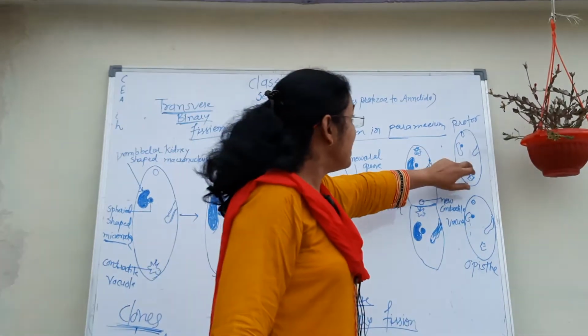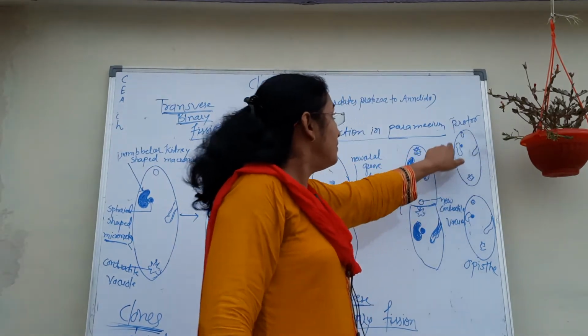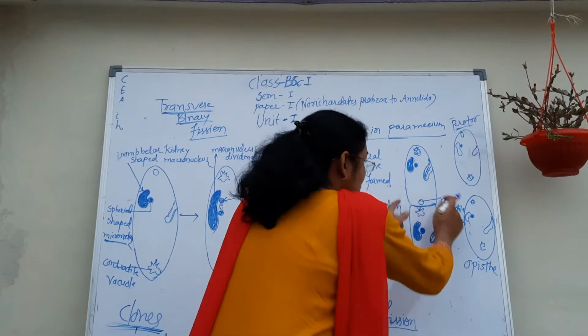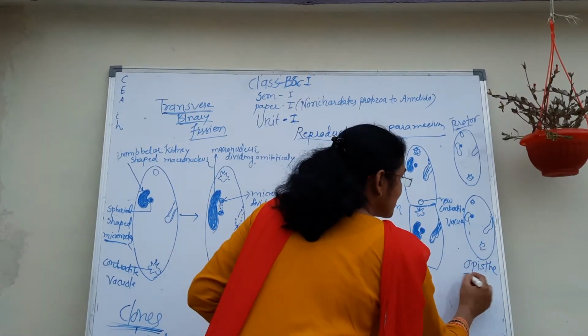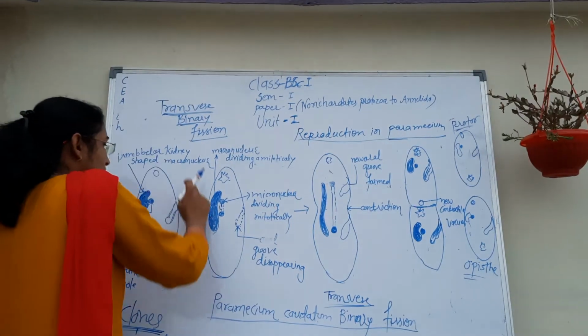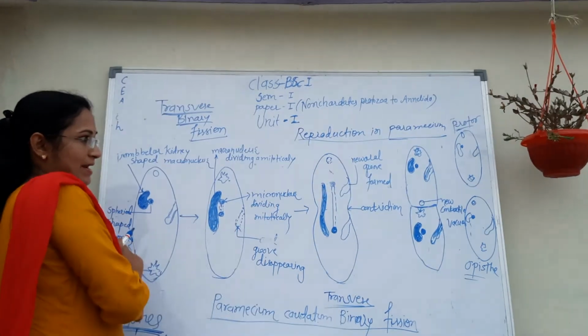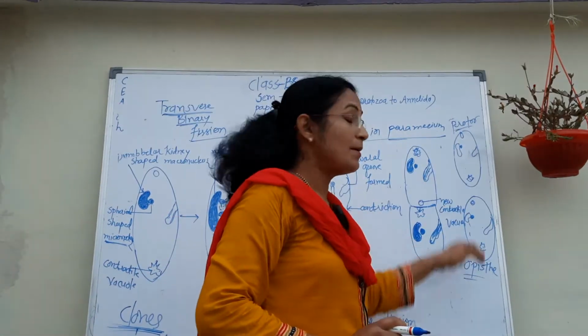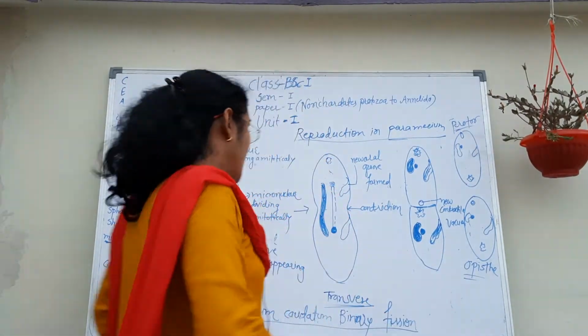The anterior daughter Paramecium is called the proter, and the posterior daughter Paramecium is called the opisthe.